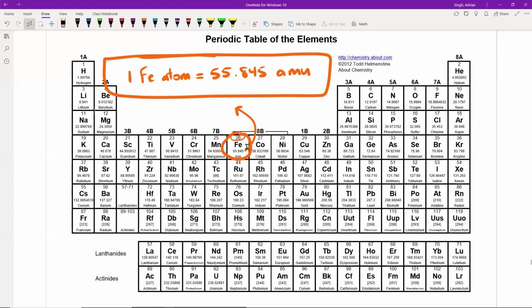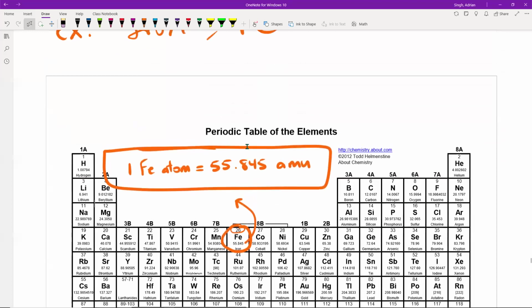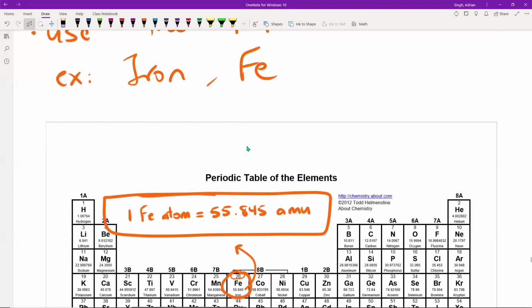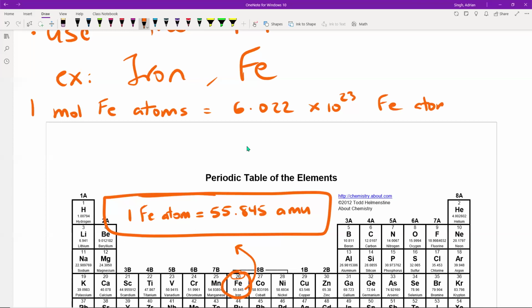Now, what we're saying in terms of the molar masses, okay, if I have 1 mole of iron atoms, I'm not looking at just one iron atom now. I'm looking at 1 mole of iron atoms. So this would be 6.022 times 10 to the 23 iron atoms.